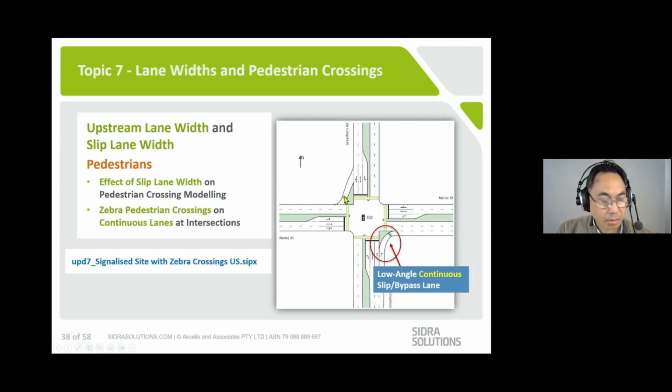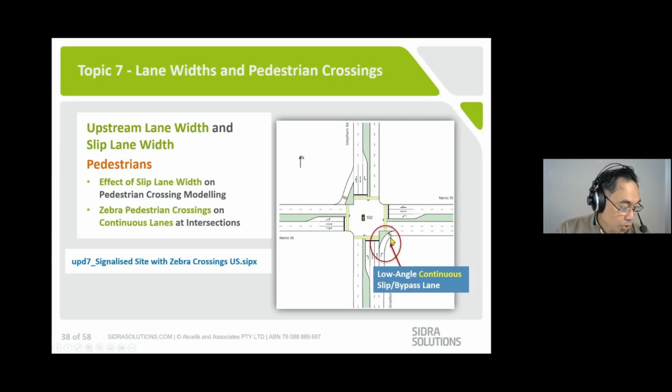Okay. The other key limitation in SIDRA 9.1 is the inability to have a ped crossing on a continuous lane, such as here a low angle slip lane. And there have been a lot of cases where there is actually a ped crossing here.